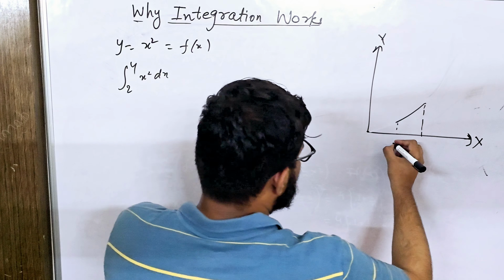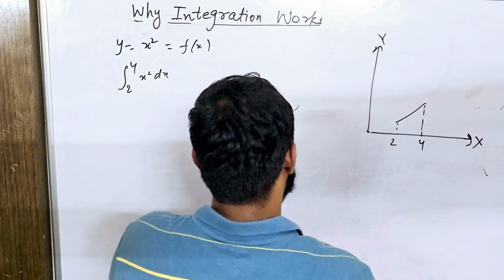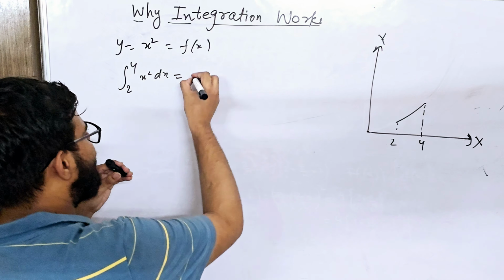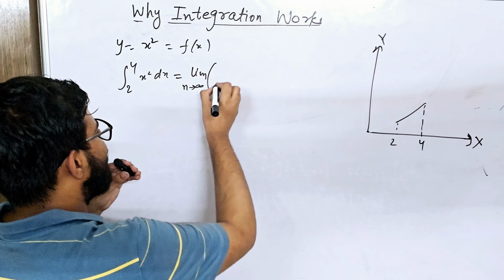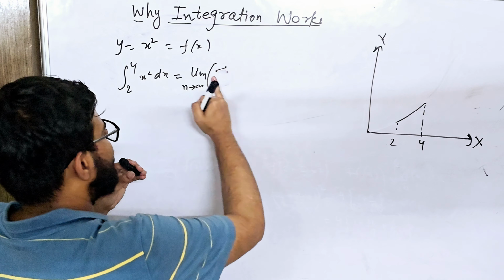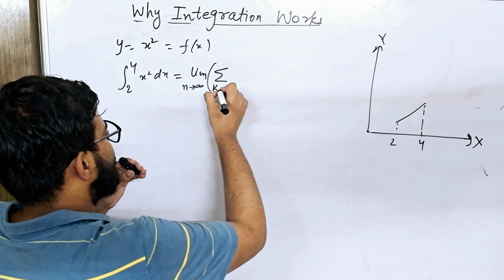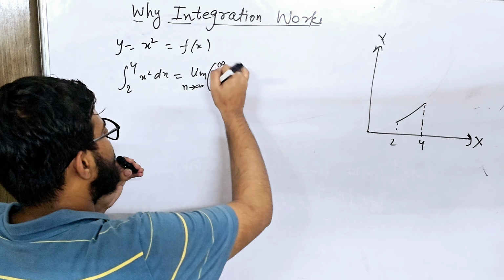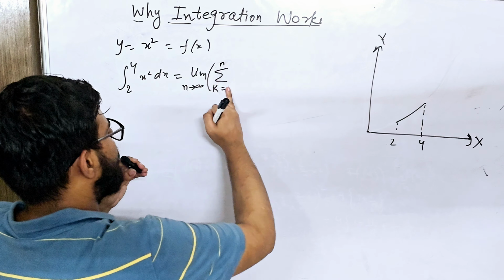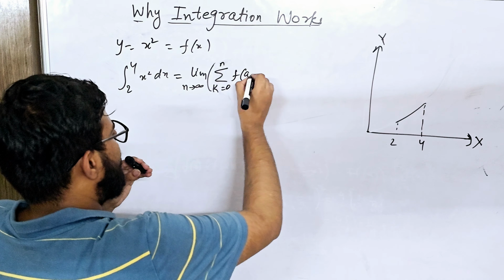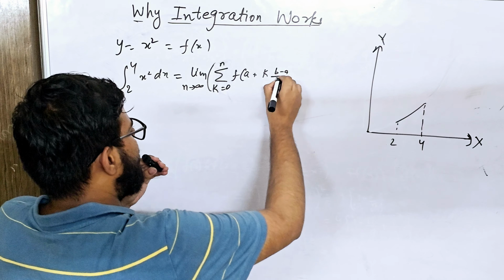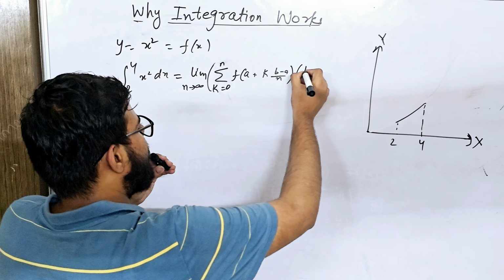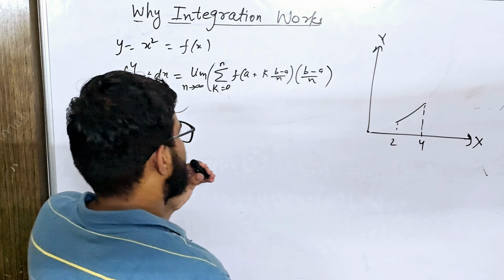So this is 2 and this is 4. We need to find the area, so we will just apply that formula: the limit as n tends to infinity of the summation as k goes from 0 to n of f of a plus k times b minus a by n, into the quantity b minus a by n.